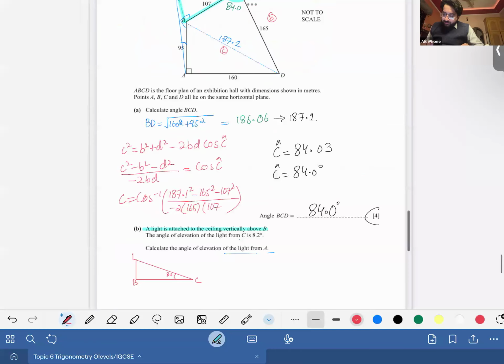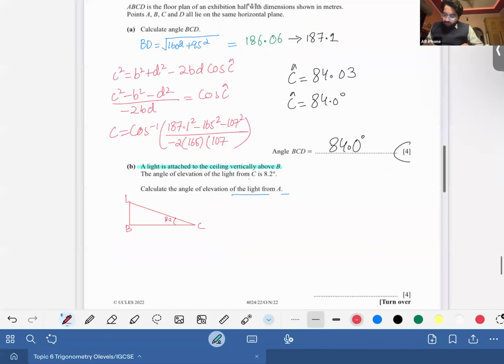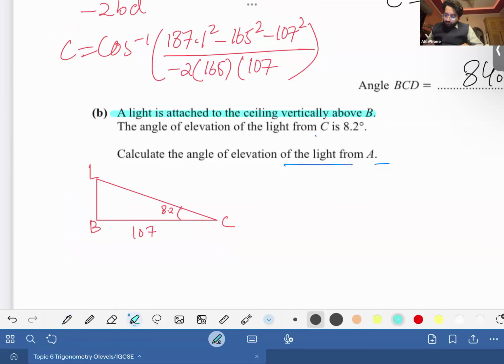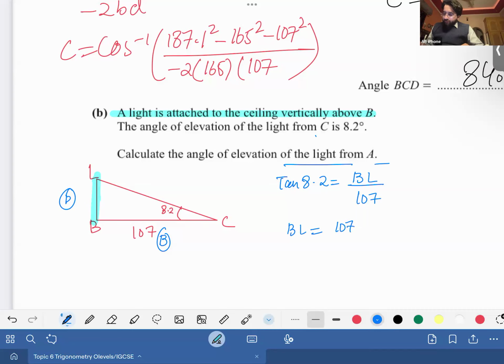And from C to B, the distance is 107. Let's find out the height of the light. So it is my perpendicular and that is base. So tangent theta will work. Tangent 8.2 is equal to perpendicular, which is my BL divided by 107. So BL is equal to 107 multiplied by tangent 8.2.